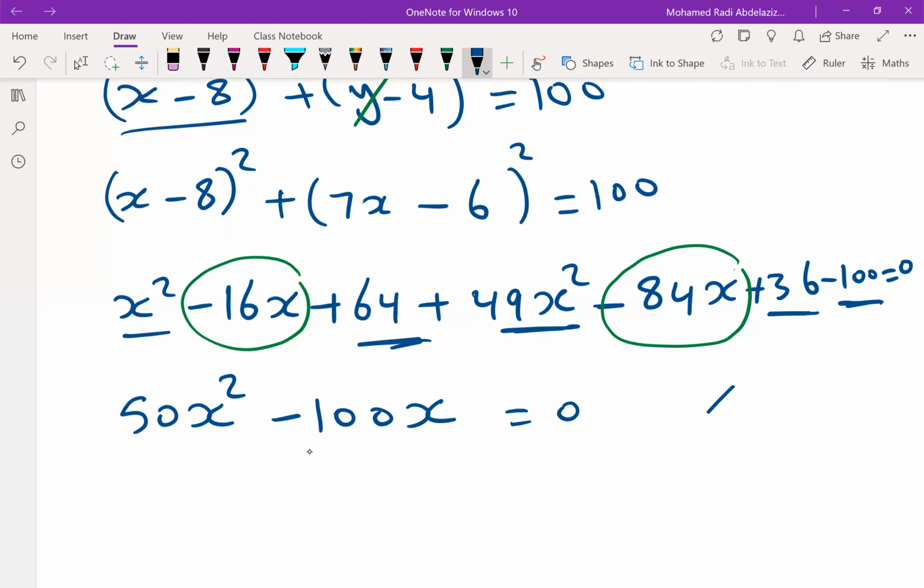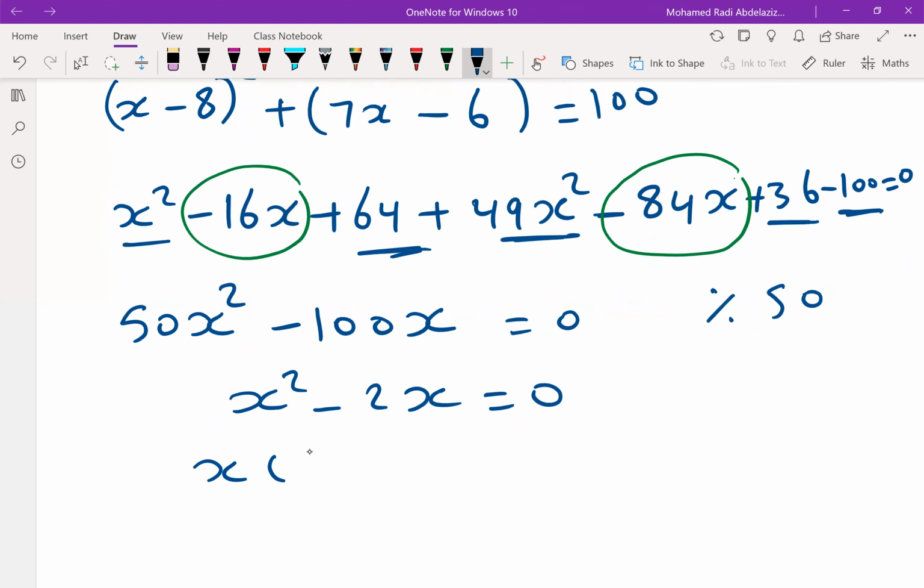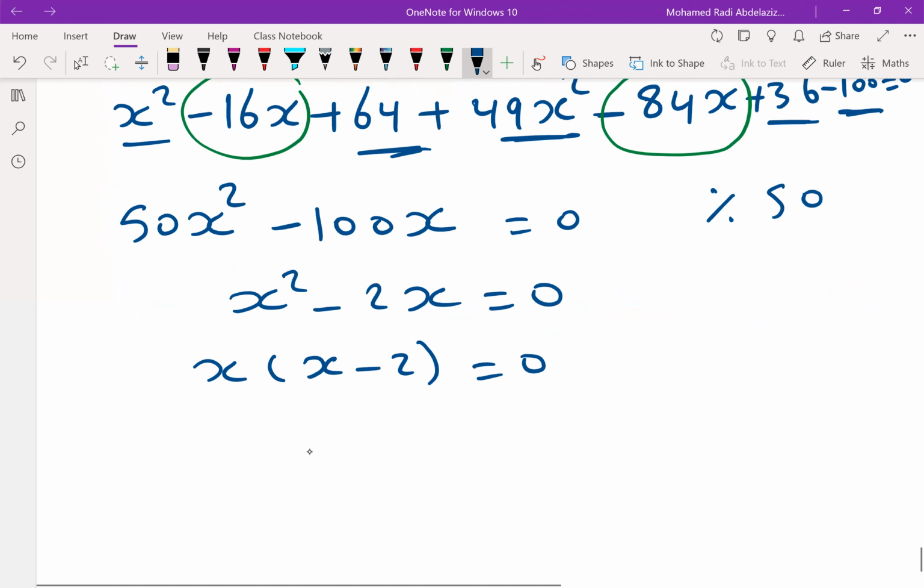We can divide by 50: x squared minus 2x is equal to 0. Factorize completely by taking x outside: x times (x minus 2) is equal to 0. We have two factors whose product is equal to 0. So x equals 0 or x is equal to 2.